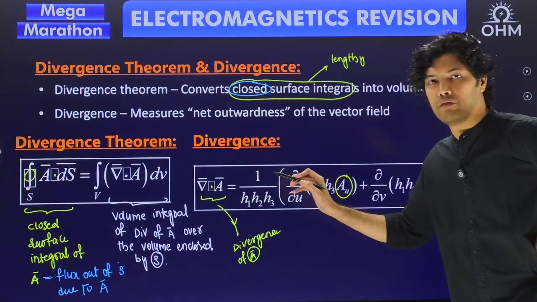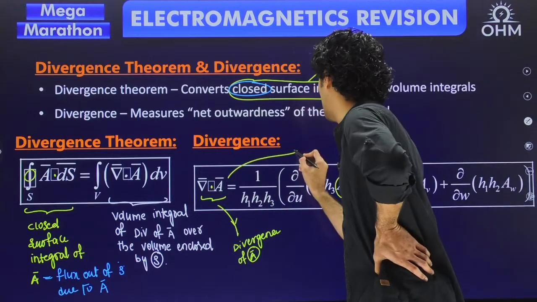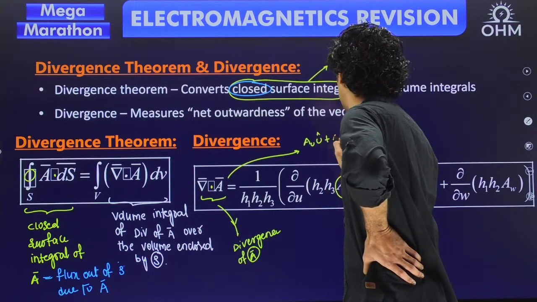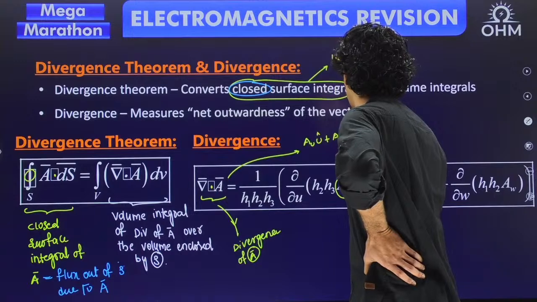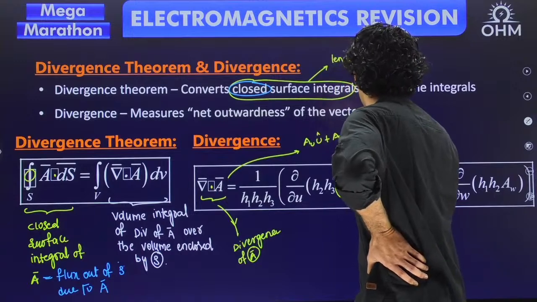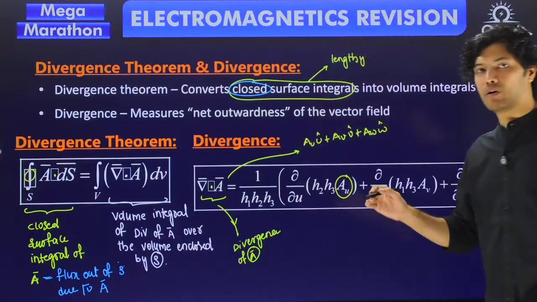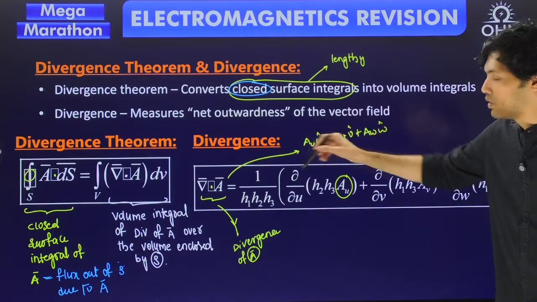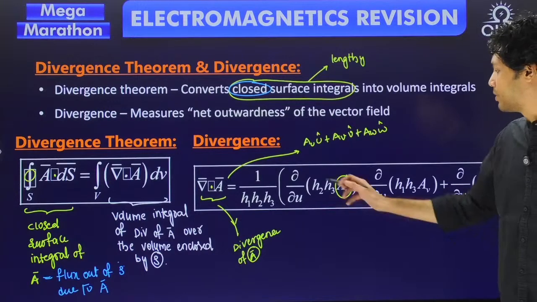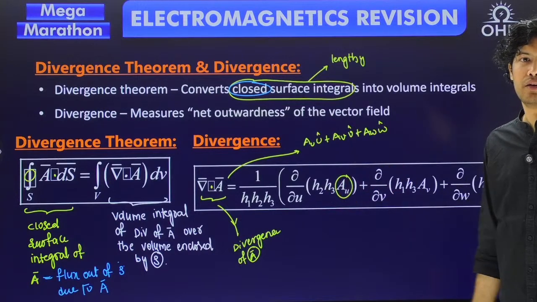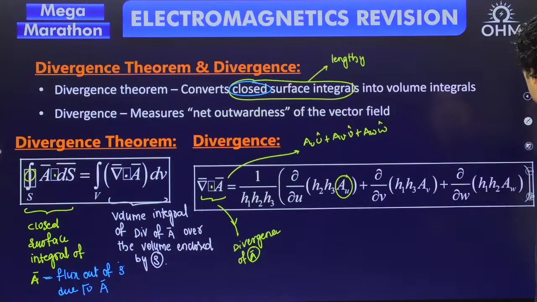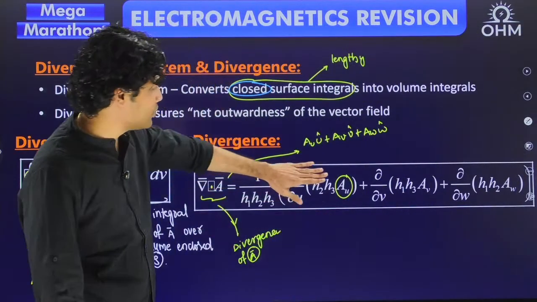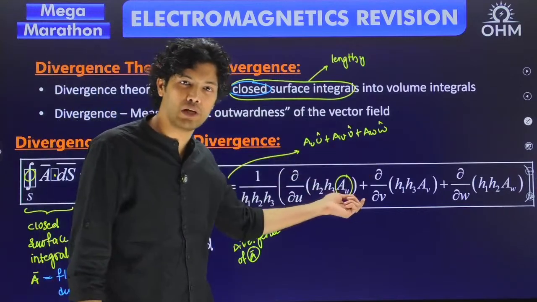You are taking a vector field A bar, so this vector field will have three components: Au times u cap plus Av times v cap plus Aw times w cap. So you are multiplying h2 h3 with the u component of the vector field given to us. Now for the second one, you are differentiating with respect to v.